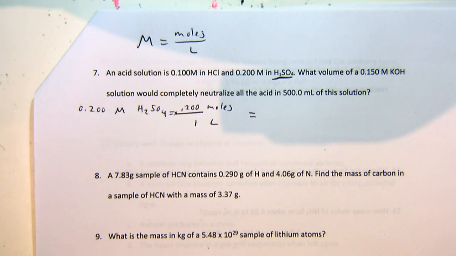This will be the M1V1. No, you have to look for how much base you need to neutralize the product. So you're playing with the molarities to figure this out, but I'm going to need more space to solve this because I can't get all my thoughts together.